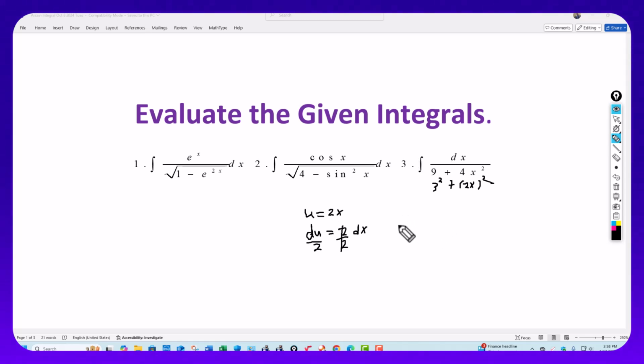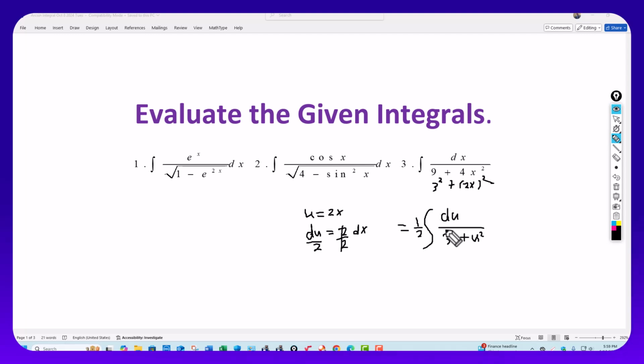So let's write it this way. Instead of dx, this will be du, but it's du over 2, so let's just put the 1/2 out in front. And this would be then 9, or 3 squared, plus the u squared, where u is 2x. And then from this you can go directly to the formula.